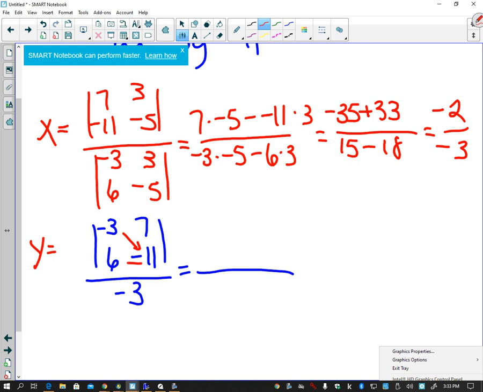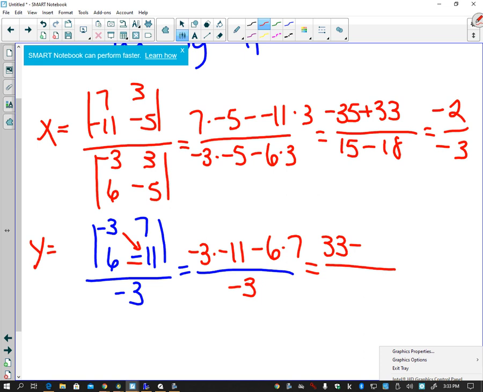Okay, so we have negative 3 times negative 11 minus 6 times 7. We know that our lower determinant is negative 3 from what we've done before. Okay, we know that negative 3 times negative 11 is going to be 33 minus, we just have 6 times 7, so it should be what, 42?